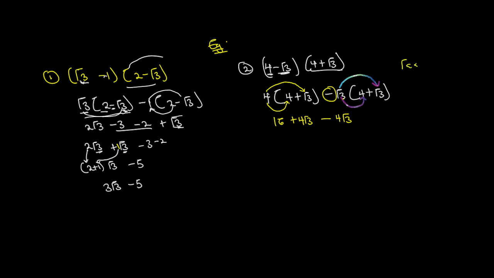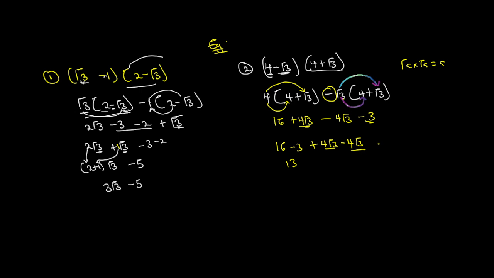Remember, square root of A times square root of A is equal to A. So here we get 3 itself, but there's a negative here, so minus 3. You ask yourself, are there like terms? Yes, so we group like terms. So we have 16 and then minus 3 plus 4 root 3 minus 4 root 3. Now, what is 16 minus 3? We have 13. What is 4 root 3 minus 4 root 3? It's going to be 0, right?